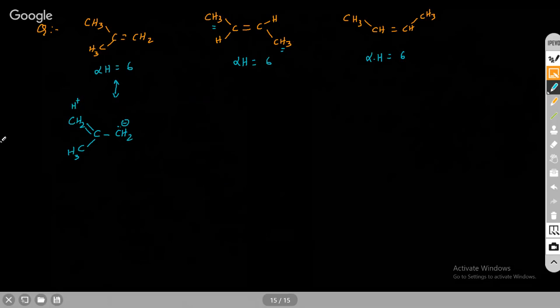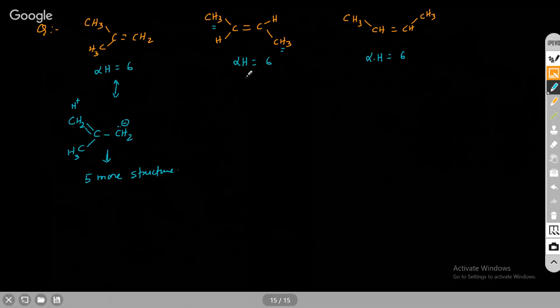Correct. Further, we can draw this kind of 5 more structures. Yes or no? Are you getting it? Let me know, guys, please. The 5 more structures will give a similar kind of structure, right?